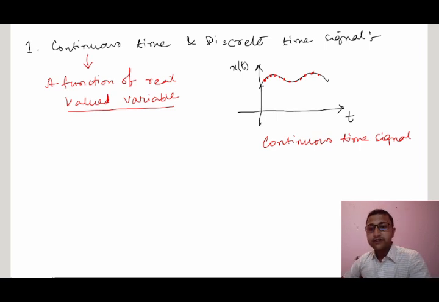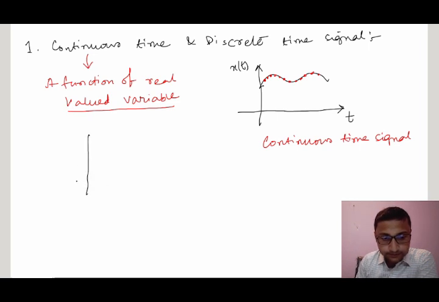Second one is the discrete time signal. Discrete time signal means there is some sequence of values, defined for every discrete point of time. For every discrete point of time means the signal is not continuous. If I draw the waveform of a discrete time signal, this is the time axis, and suppose this is the origin.